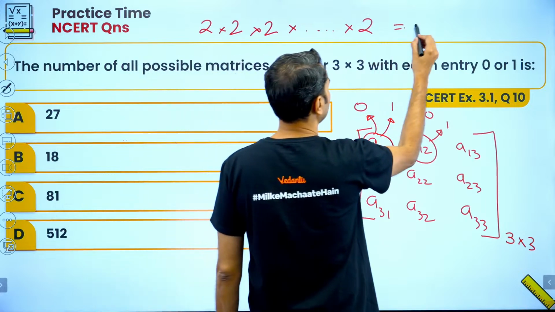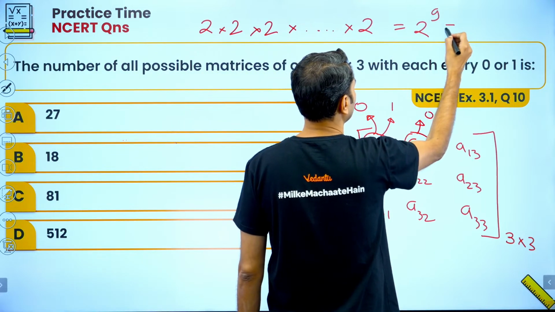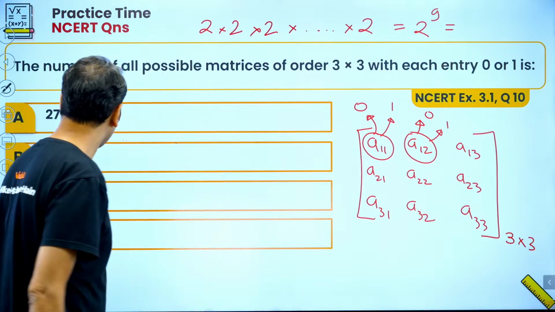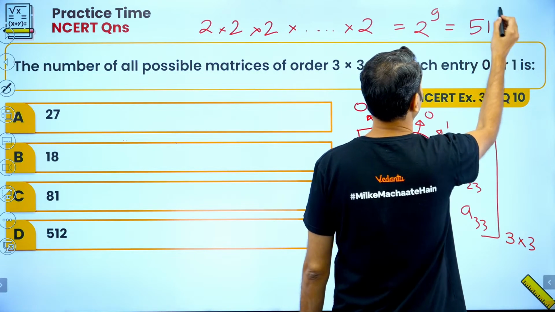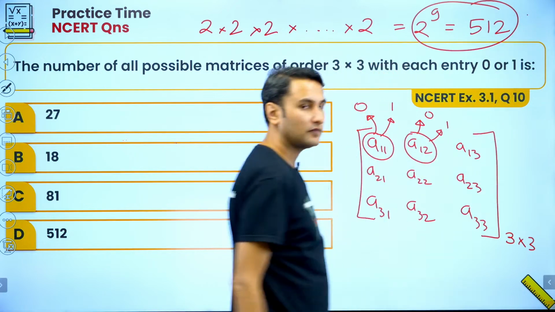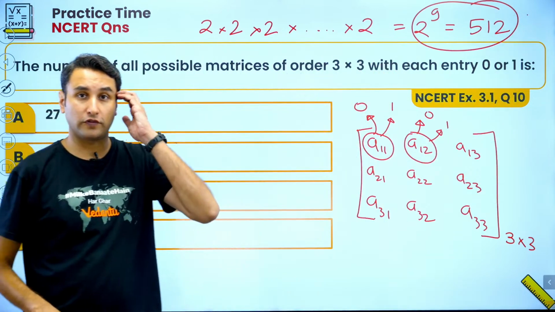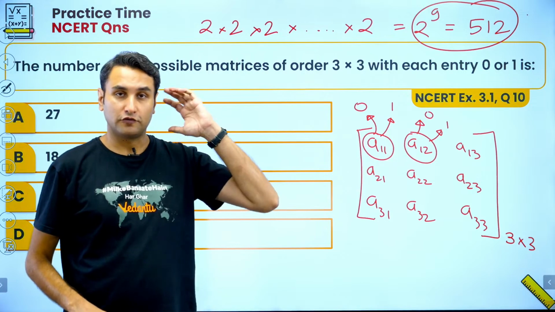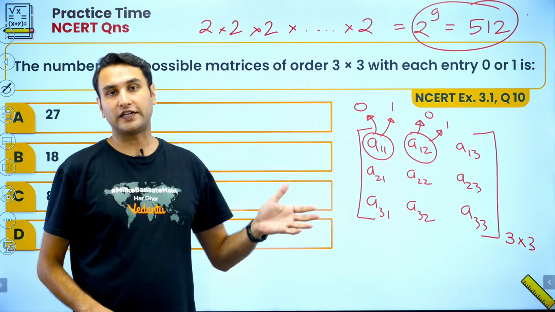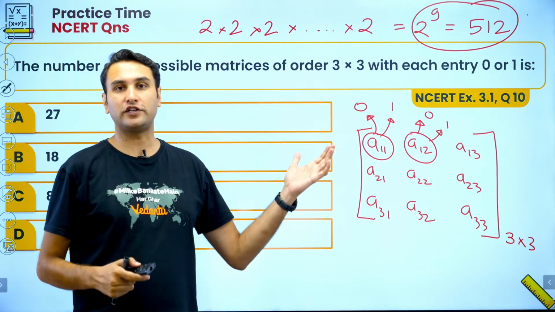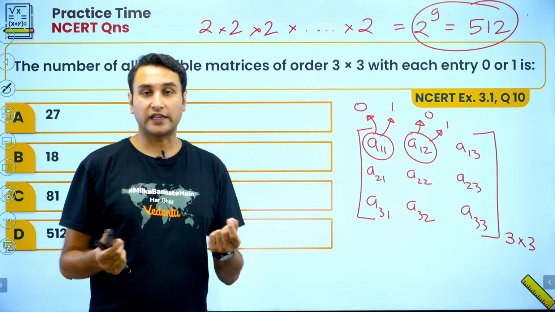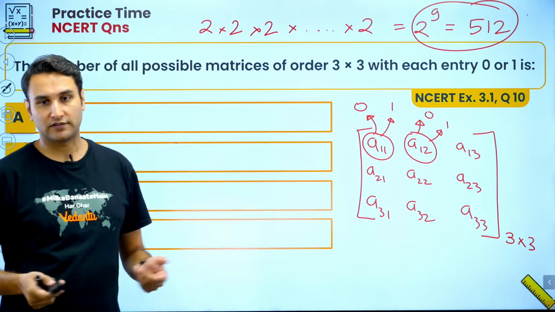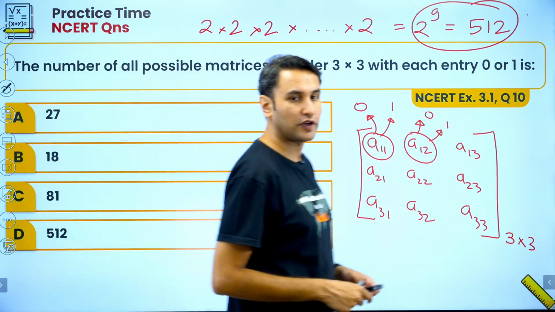So this must be 2 raised to power 9, which must be equal to 512. Yes. There are 512 ways of creating a matrix of 3 by 3 order where each element can either be 0 or 1. Alright, so the answer is 512 here.